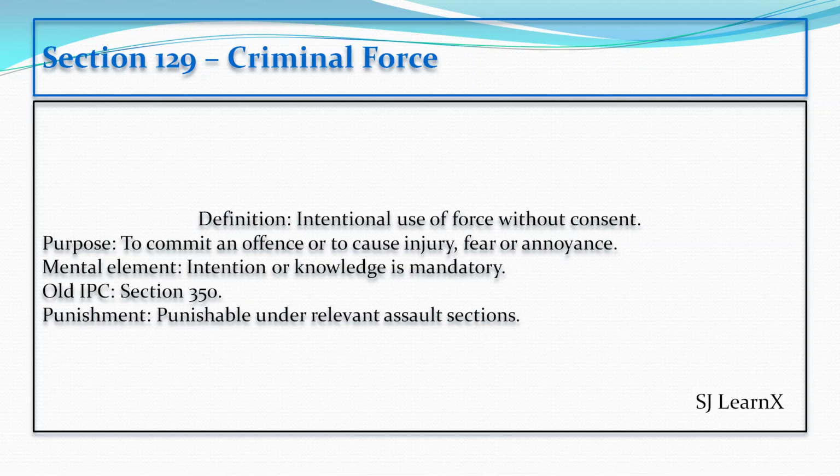For example, forcefully pushing someone to frighten him or to commit theft. This section corresponds to section 350 of the IPC. Punishment depends on the offence committed using criminal force, such as assault.